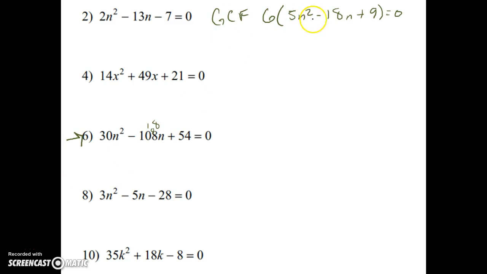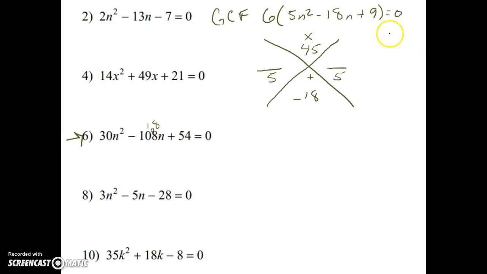So I go ahead and I say, with my graphic organizer, I need this to add up to negative 18. I need it to be divided by 5. And I need it to multiply to 5 times 9, which is 45. So what multiplies to 45 and adds to negative 18? I'm going to go ahead and factor 45.